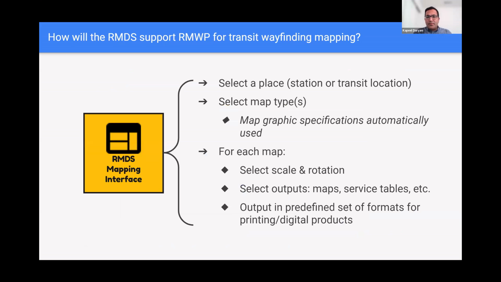And sharing a little bit of functionality, what we would be helping mapping and wayfinding with. So RMDS will have a mapping interface, or a UI, and that would enable the mapping and wayfinding team to find a transit station or location that they wish to create a map for, and then they would be able to select the type of map depending on what zoom level they want.